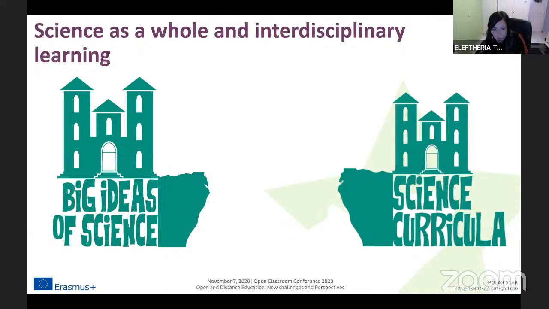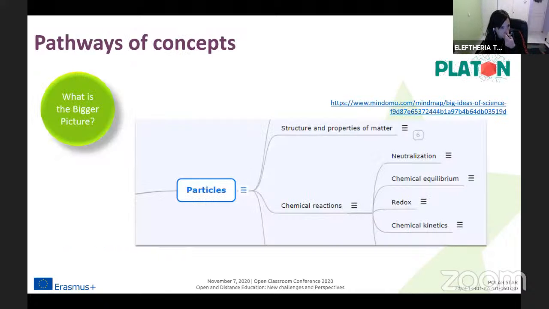During the Platon project, which many of you, I believe, already know, we designed what we call a 3-dimensional map of interdisciplinary science concepts. I have the link here. Maybe I can put it in the chat as well for you to play around with.